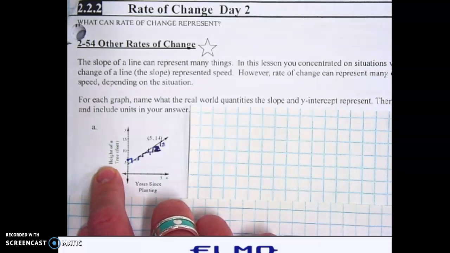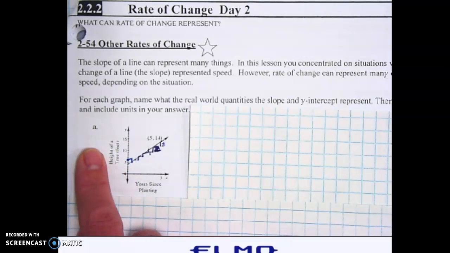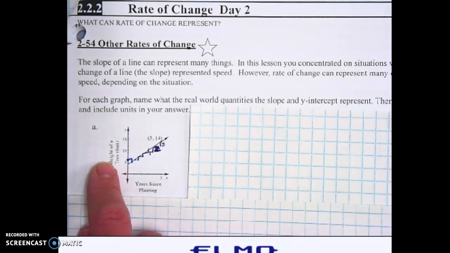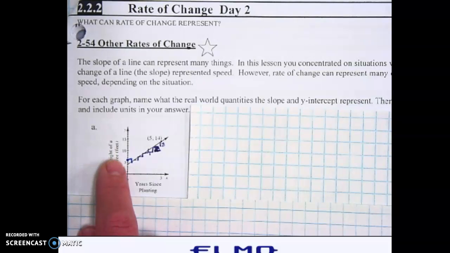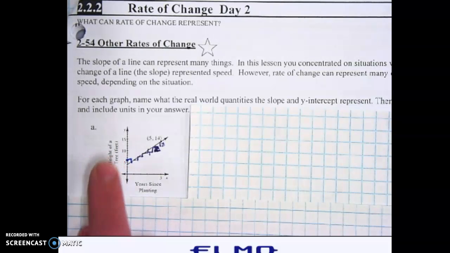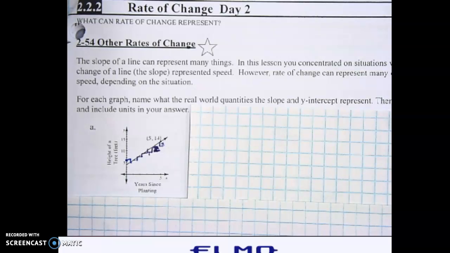It says height. Height of a tree in what? Feet, okay? It's the height of the tree in feet. So it's giving us how tall a tree is, okay?